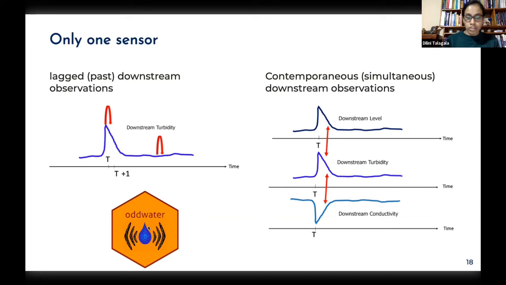We have published the oddwater framework in 2 papers, and it is implemented in an R package called oddwater. If you are interested, you can find the development version of our oddwater package in my GitHub account. So that is the new information that you can get from the same site.